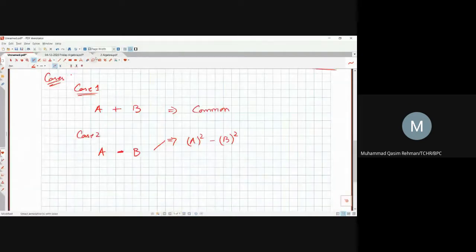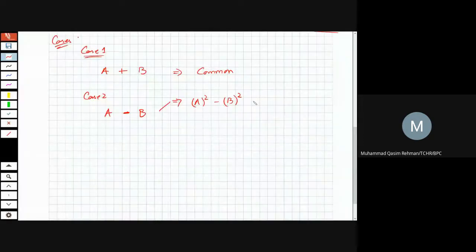So let me give you a quick example as well. Then you will apply the third identity. For example, you have 16 minus x squared. If the examiner asks you to factorize it, you see there are two terms and there is a minus sign between them.